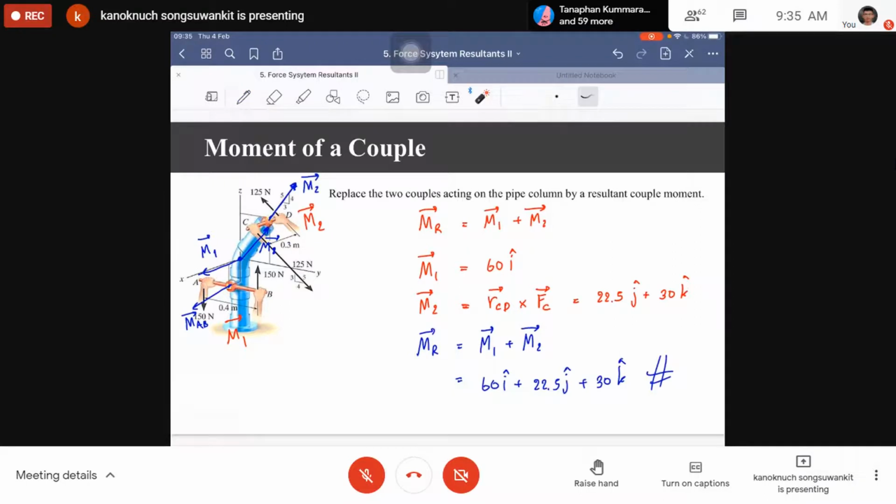You can see that if we have the couple moment, it's quite easy to calculate, right? Because we can move it and make it share the same point. So we will use the couple moment and apply it to solve problems.